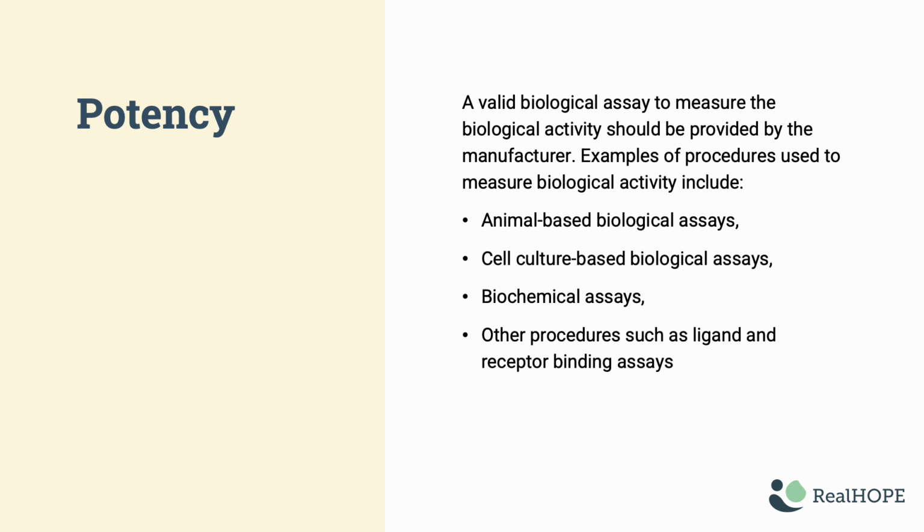Examples of procedures used to measure biological activity include animal-based biological assays, which measure an organism's biological response to the product; cell culture-based biological assays, which measure biochemical or physiological responses at the cellular level; and biochemical assays, which measure biological activities such as enzymatic reaction rates or biological responses induced by immunological interactions. Other procedures such as ligand and receptor binding assays may be acceptable for some products.